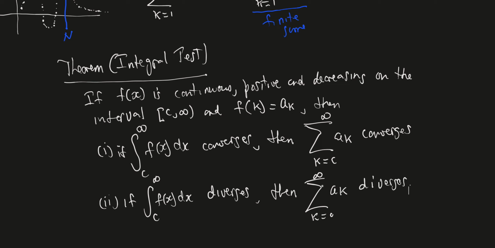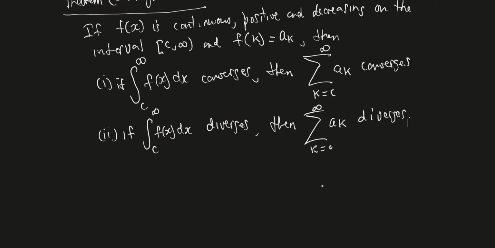And all we can say, if the integral is known to converge to a number, the most we can say is that the infinite series converges to something approximately equal to that number. You can't conclude that if the integral converges to a number, then the series converges to the same number. That is not true.